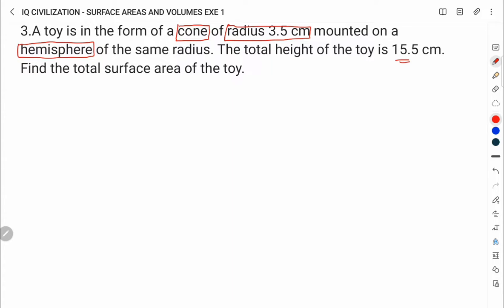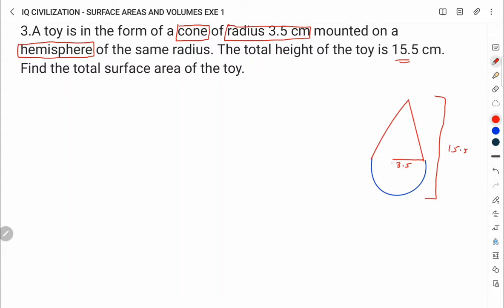So a toy is in the form of a cone mounted on a hemisphere. See, I have a hemisphere, I have a cone mounted on it. Here it is given that radius of the cone is 3.5. So this is the same radius. And total height, from here up to here, it is 15.5.